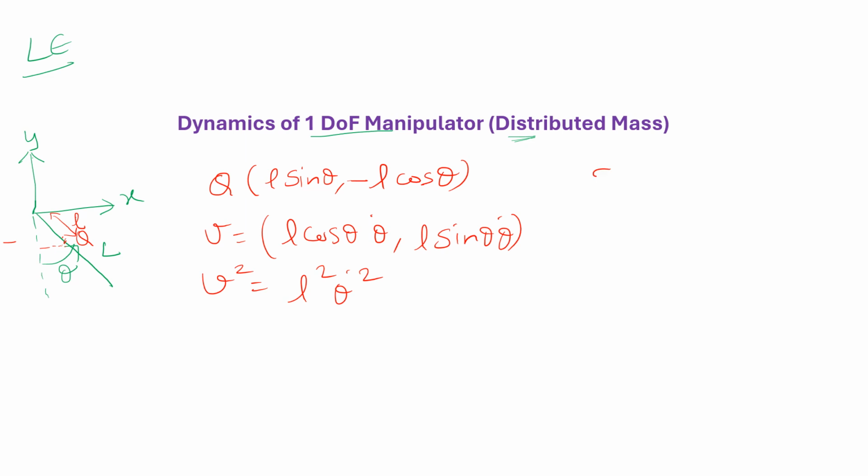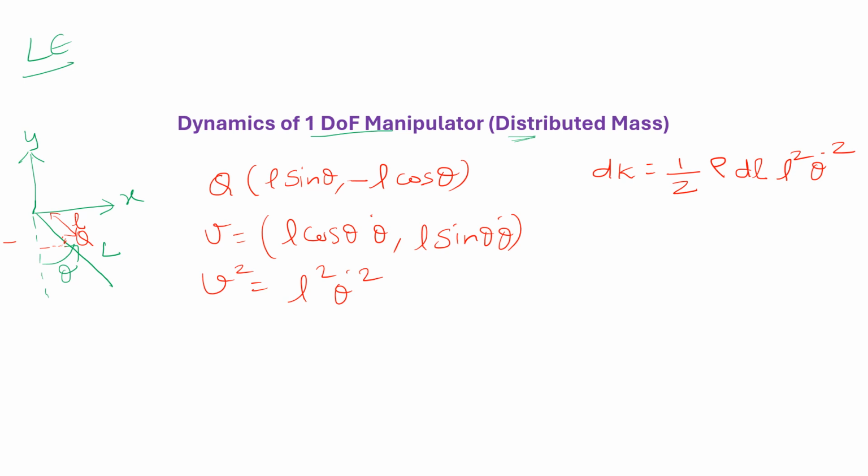The kinetic energy over the small element is denoted as dk. dk will be equal to half into the mass of the rod, which is density times the length, so rho dl, into v square, that is l square theta dot square. This is the kinetic energy associated with the smaller element dl.